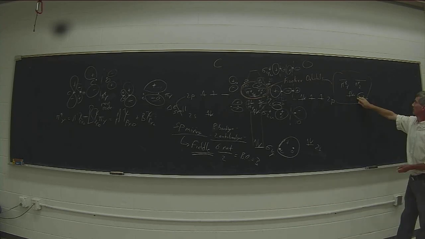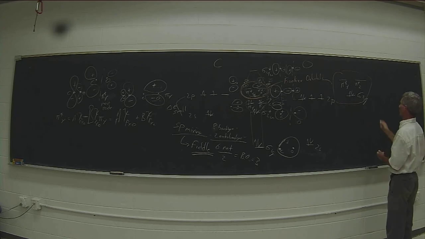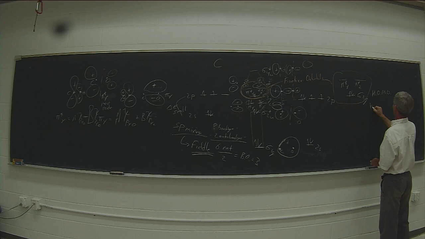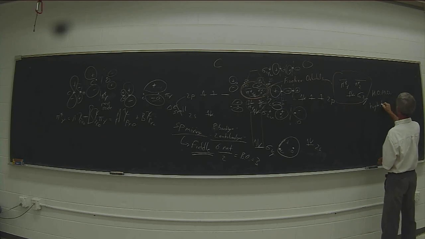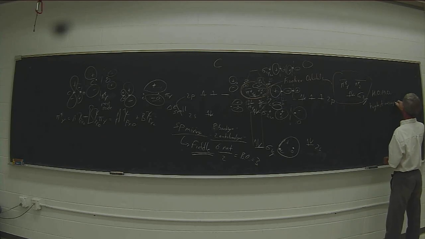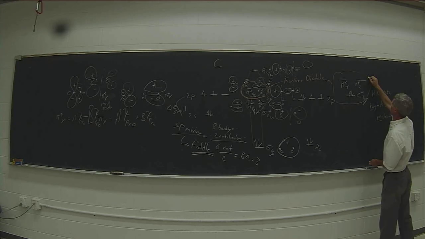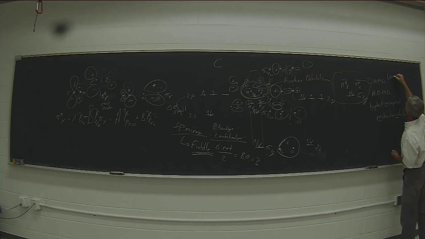And sigma 3g is what we call the HOMO, the highest occupied molecular orbital. And pi orbitals are what we call the LUMO, stands for lowest unoccupied molecular orbital.